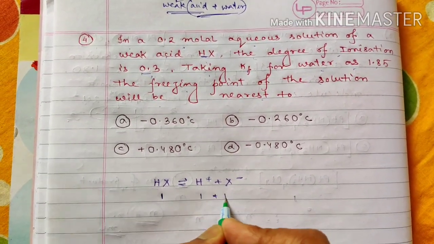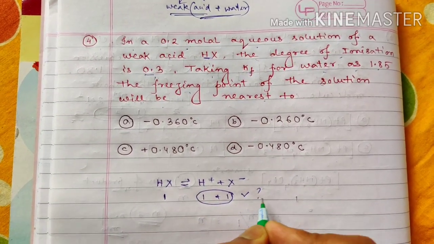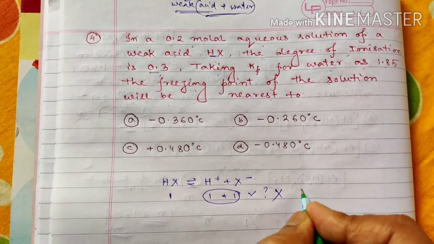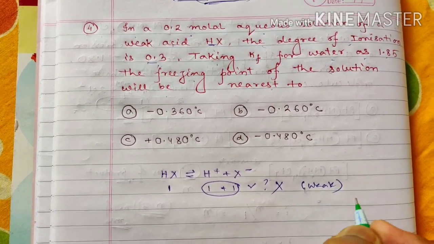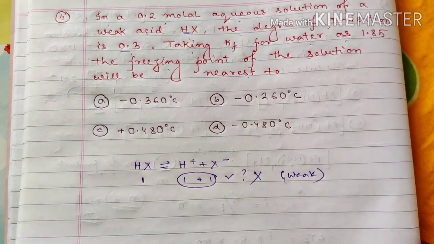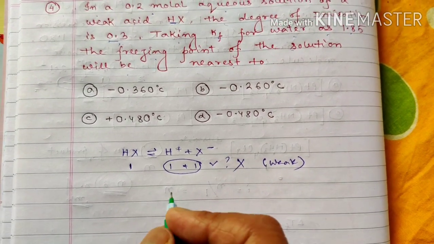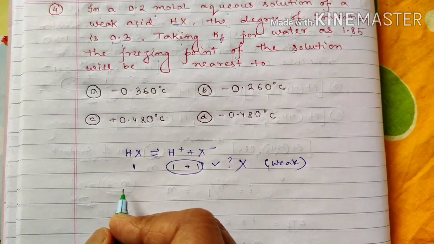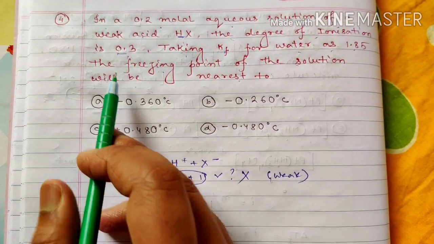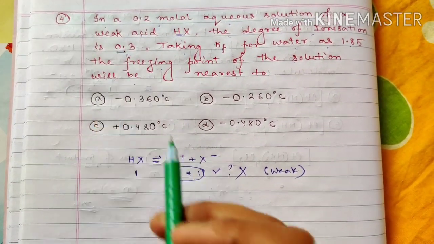Here we could have said it is 1 plus 1. Will it be correct? No, it will not be, because it is weak acid. As we know, in case of weak acid, 100% dissociation does not take place. That is why the degree of dissociation, you can see here, it is 0.3, which is given.